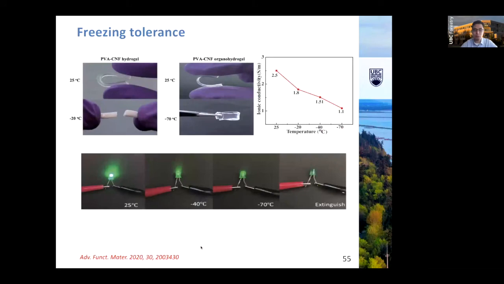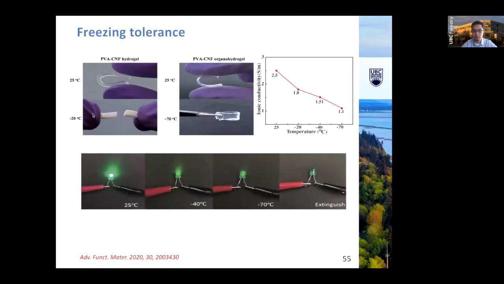The goal for this one is to prepare an anti-freezing material. We mentioned we use the DMSO and water binary system. This organohydrogel still showed very good flexibility at negative 70 degrees Celsius, but the hydrogel breaks at negative 20 degrees Celsius.